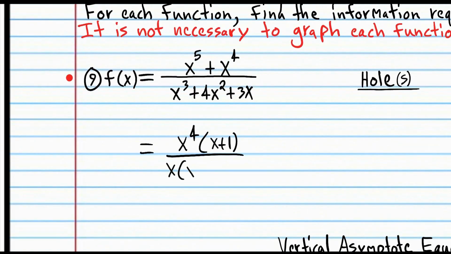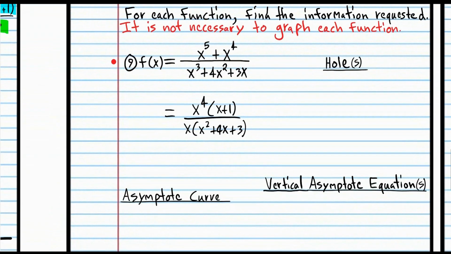So I'm factoring a GCF in the numerator and the denominator. And we're going to factor one more time. We have 4 x's in the numerator and 1 x in the denominator. And I'm going to factor that quadratic.